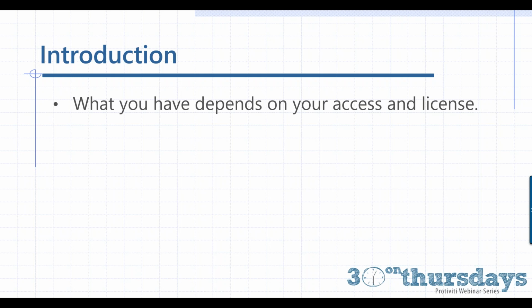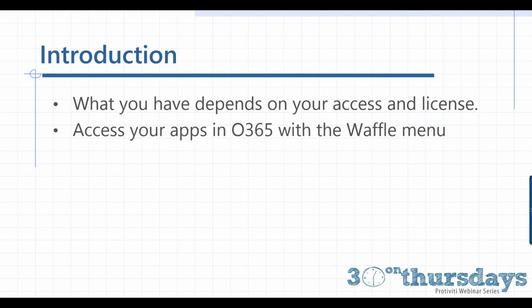It's all very complicated, but I really just wanted to bring it up to let you know that if you don't see some of these apps that we go through available to you, they may be something that your IT department can turn on if you discuss it with them and express your needs or the desire to play around with it. So accessing your apps in Office 365 always takes place through the Waffle menu.